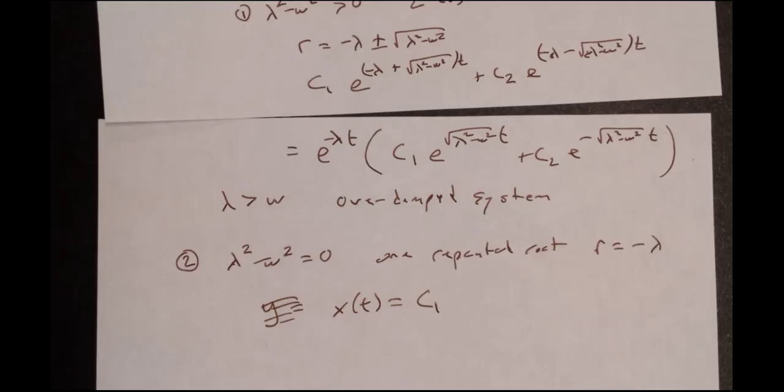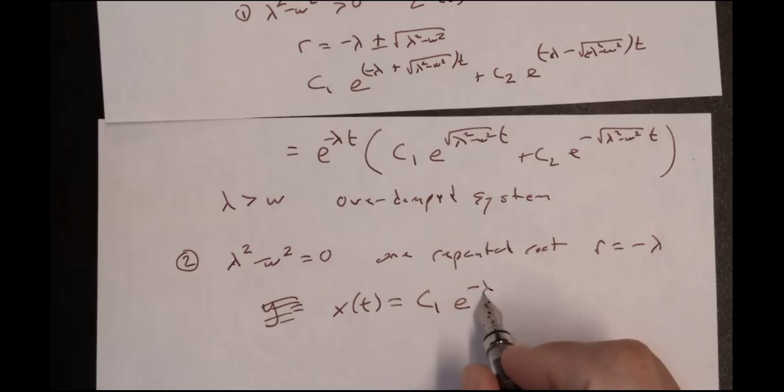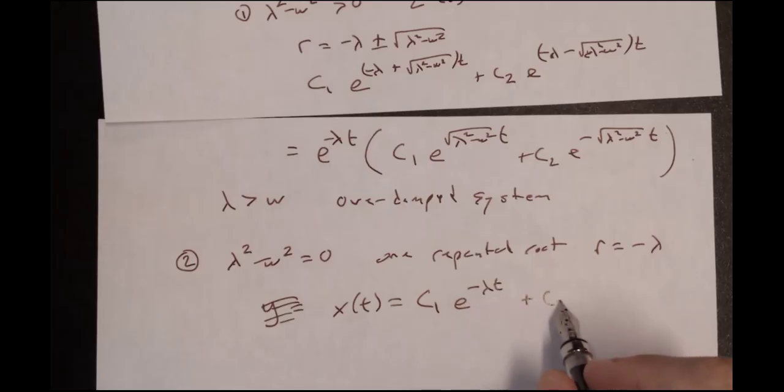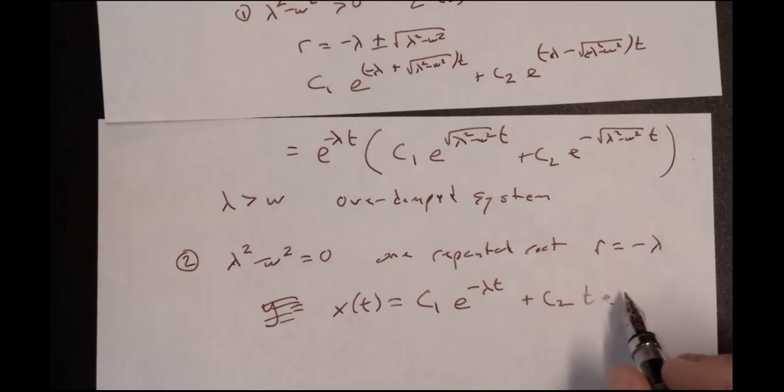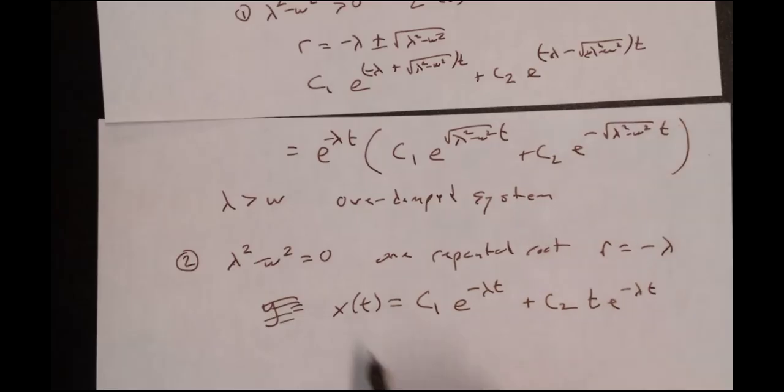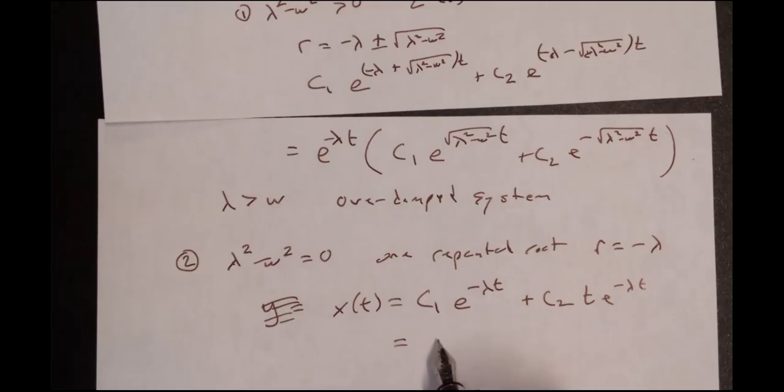Come on, people. This is on the homework I gave back to you last time. It's a repeated root. XE or TE. So if I factor the e to the lambda t out, I have C1 plus C2t, the equation of a straight line.